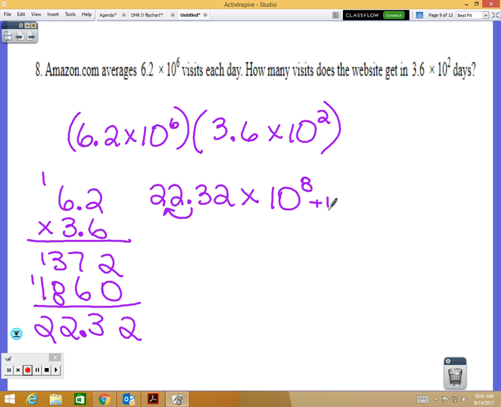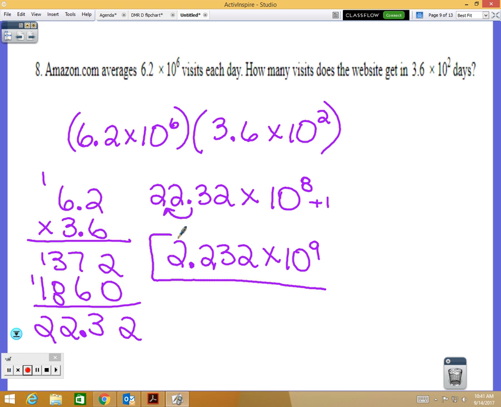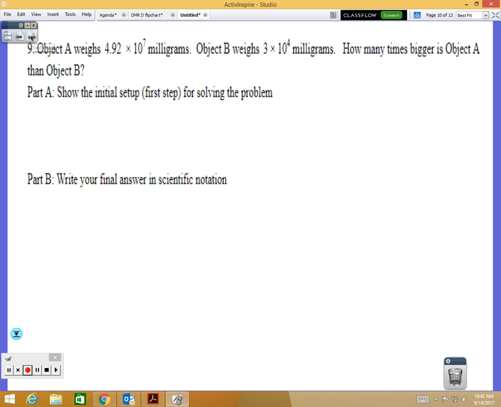So I'm going to add 1 to my exponent, making this final answer 2.232 times 10 to the 9th power. We'll pause the video. So we're going to move on to number 9.